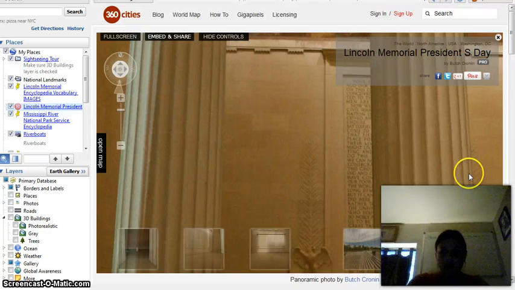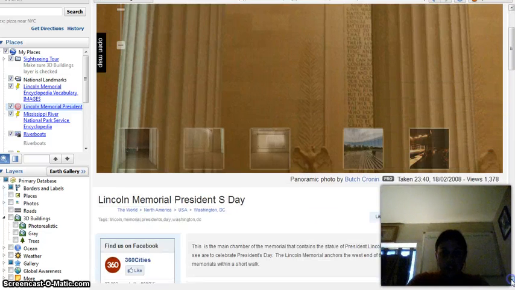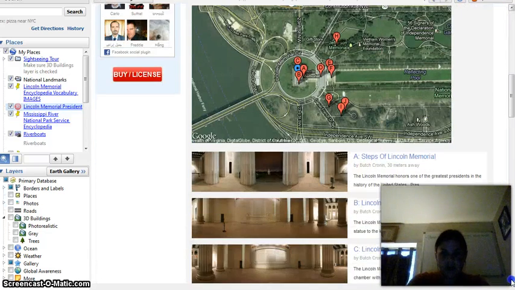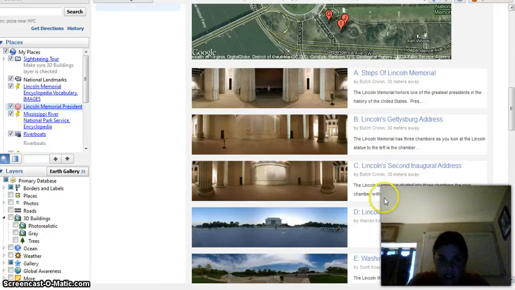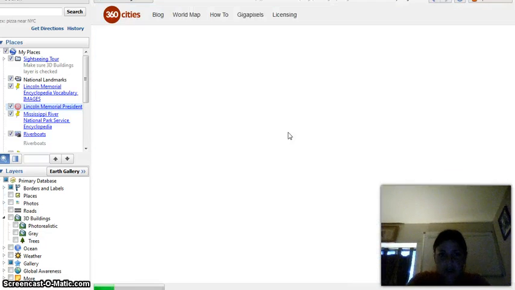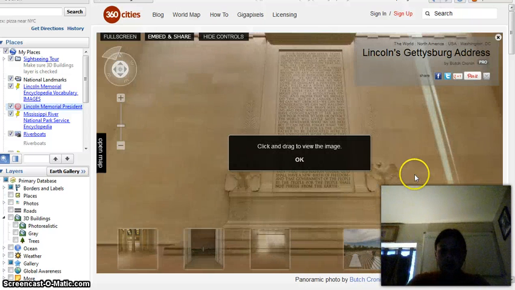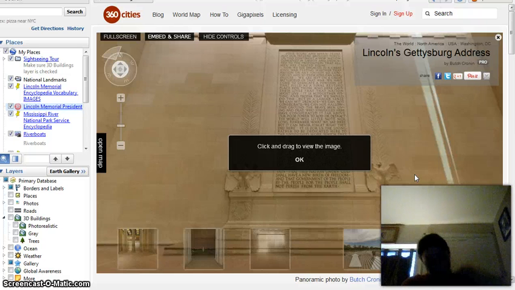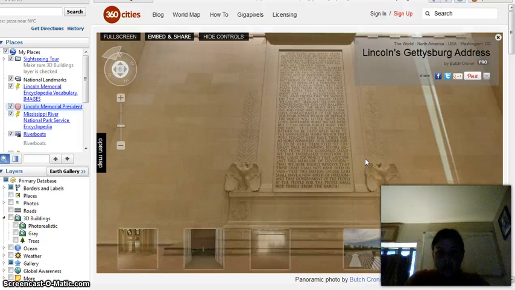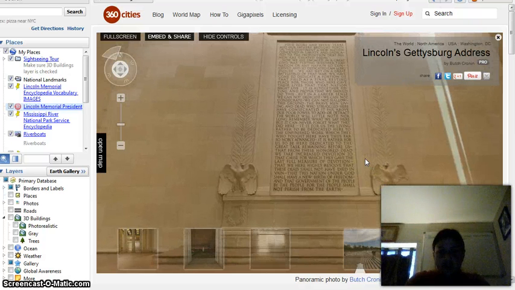And so when he did that, let's see if we can find another better picture that goes all the way in. There we go. Look at this one. This gives you a really good picture of what this is, right inside the Lincoln Memorial. And this is exactly what he said to the people who were there.